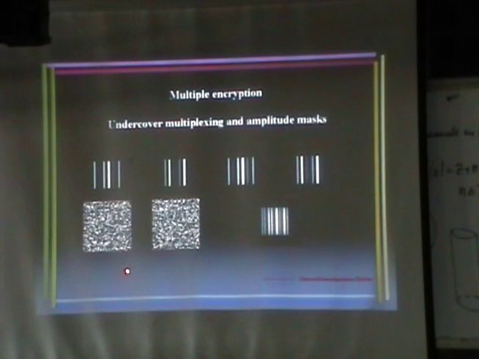Usually the amplitude images are quite complex, so it's really quite impossible to obtain the distribution of the mask amplitude.